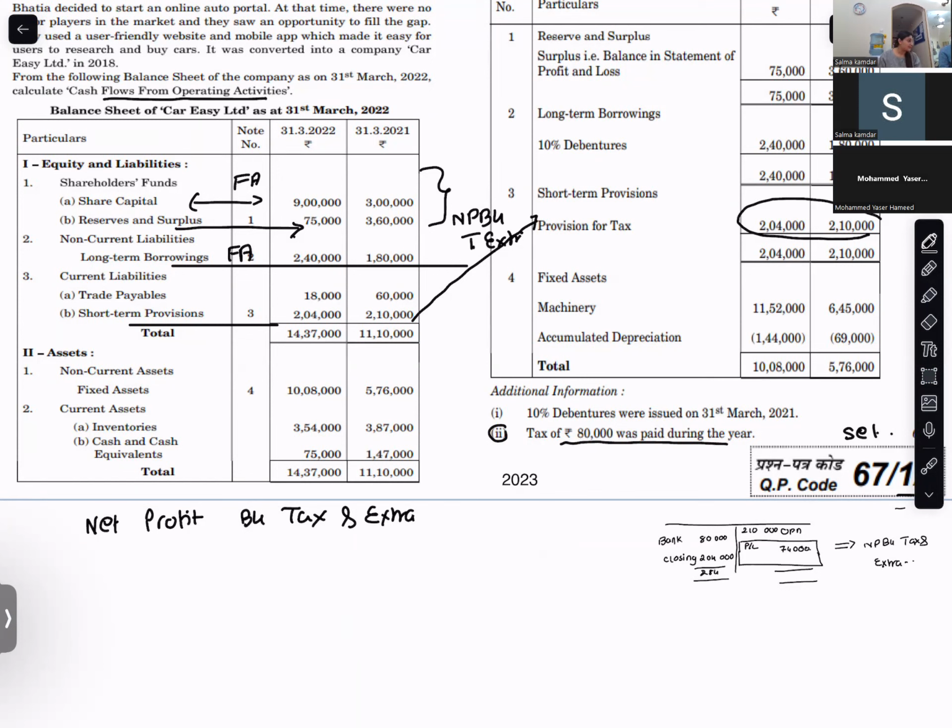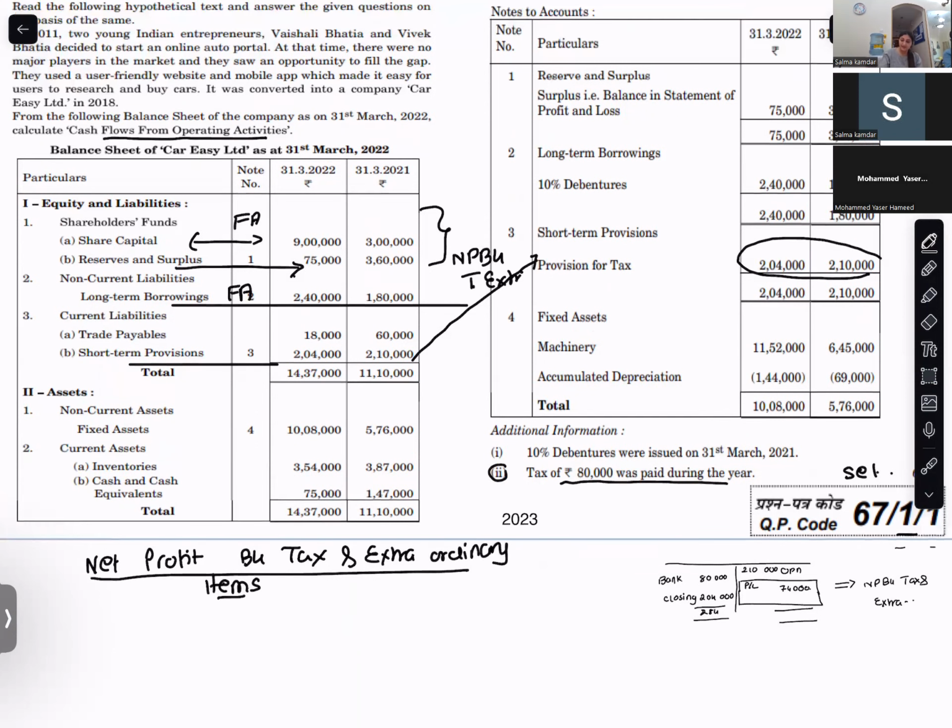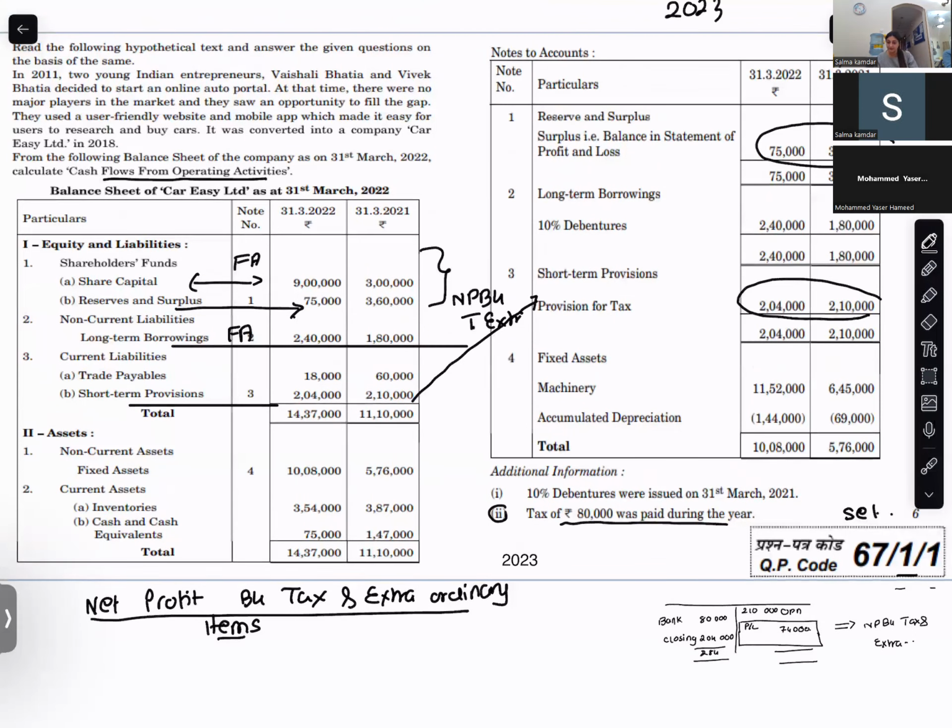First thing, I have to calculate net profit before tax and extraordinary items. How will I get that? So I will go to my reserves and surplus. In my reserves and surplus, I have only two things: closing minus opening.